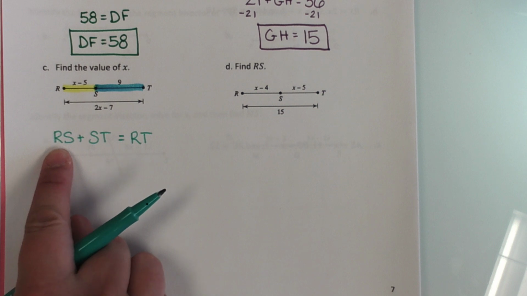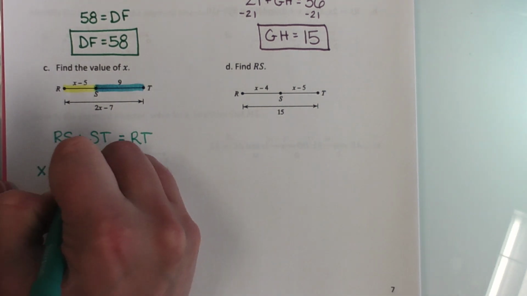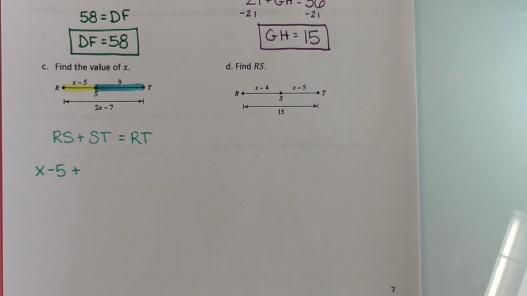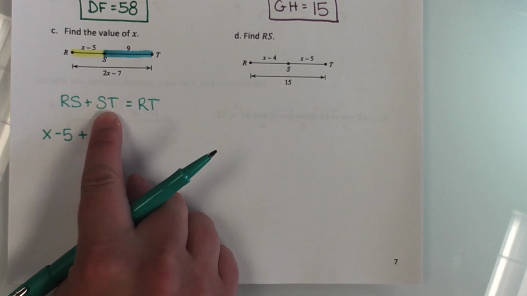What's the length of RS? X minus 5. All I'm going to do here is replace in my formula that the postulate gives me. I'm going to replace with the measurements I know. It's called substitution. That's going to be important in chapter 2. Okay, do I know ST's length?